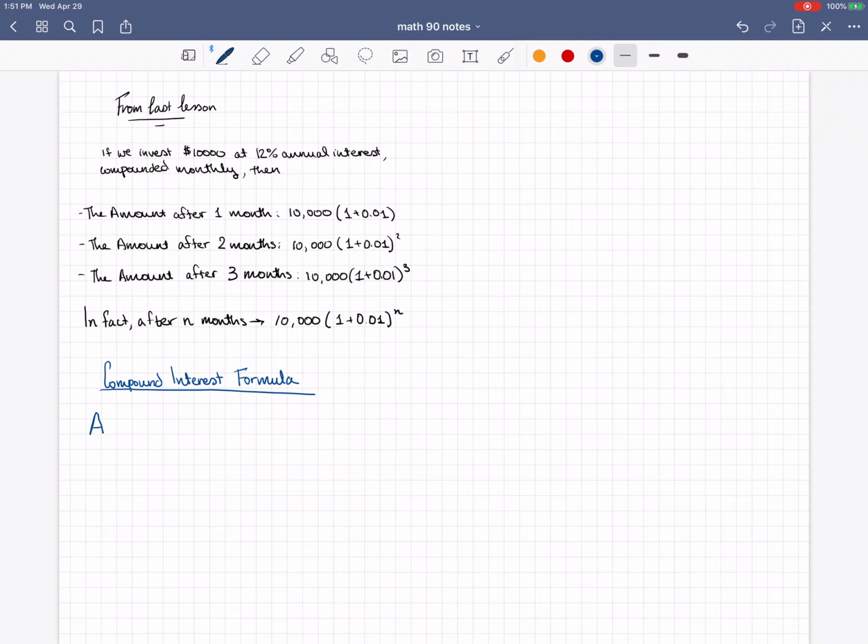So A is the actual amount. So you invested this much money, how much is it worth a certain amount of time down the line? So that's A. P is the principal, and that's the initial amount.